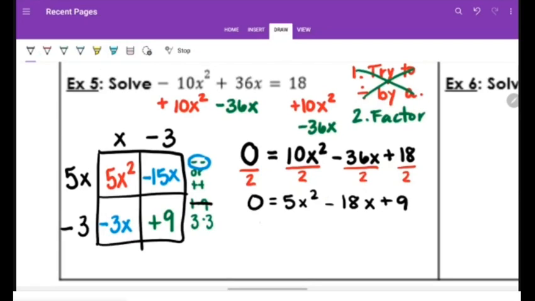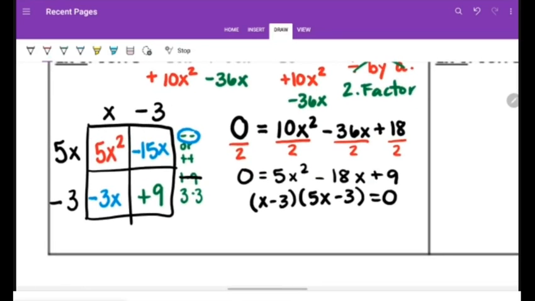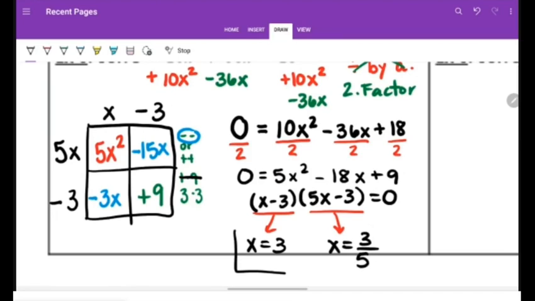So let's rewrite this in factored form. We'll have x minus 3 times 5x minus 3 equals 0. And then we solve both of these factors for our root. When you do that, you get x equals 3 and x equals 3 over 5. Positive 3 over 5. Note that.